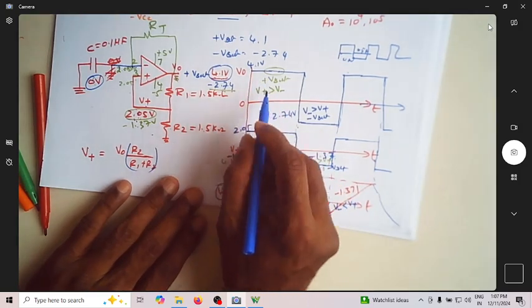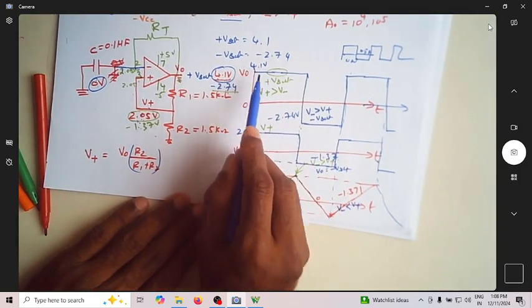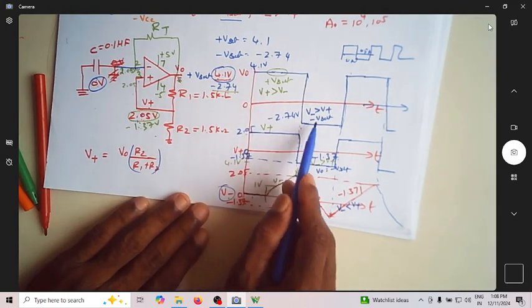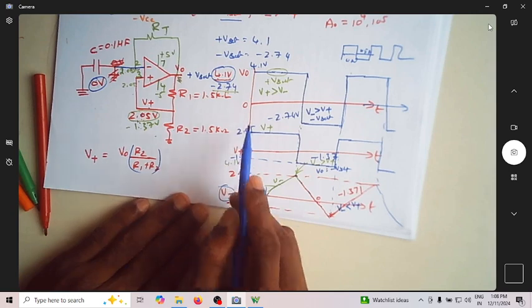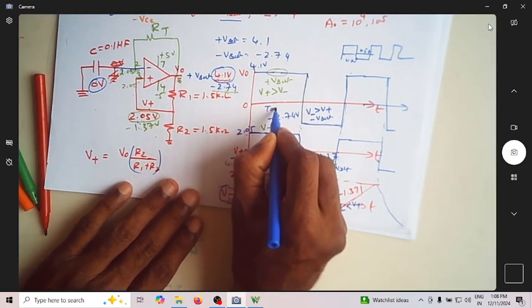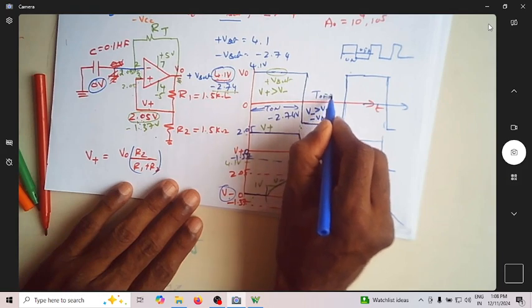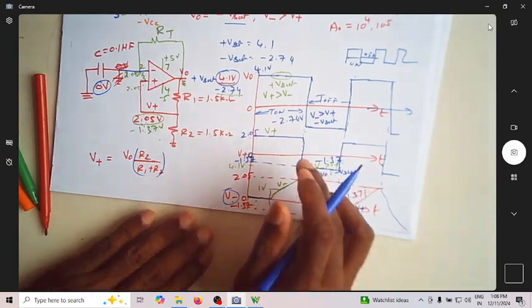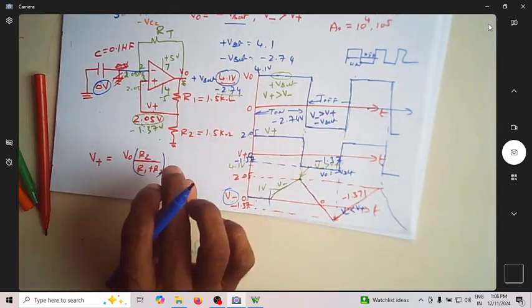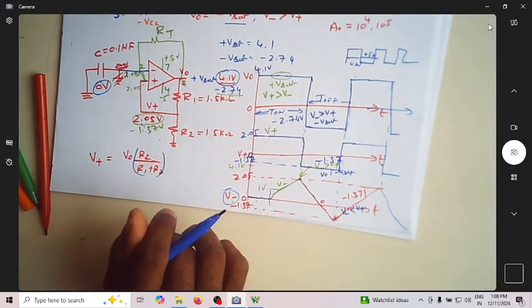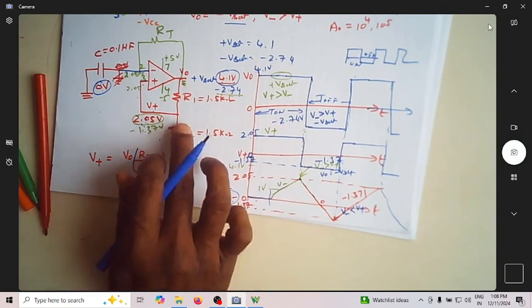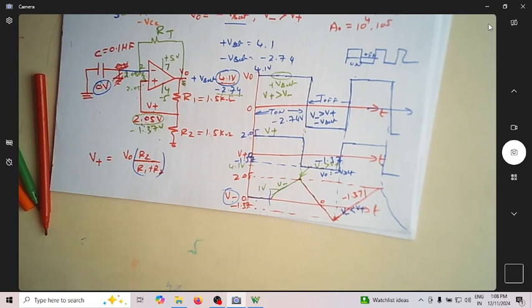So V0 will have an output voltage of plus V sat as its peak and minus V sat as its minimum voltage, and this is my on time and this is the off time. So this way we can very simply generate a square wave signal using an operational amplifier.